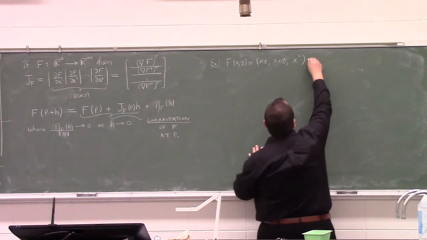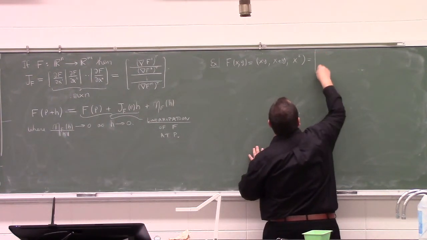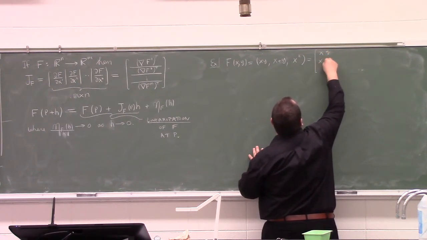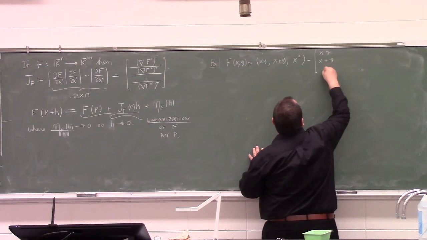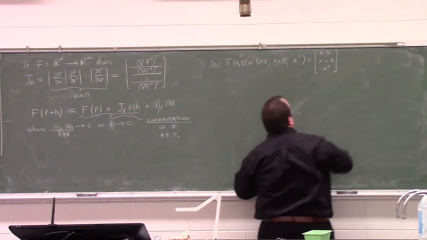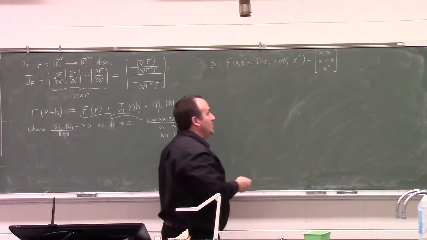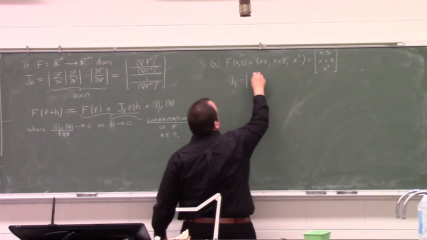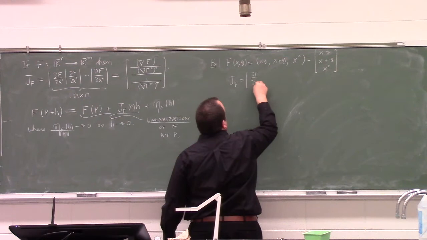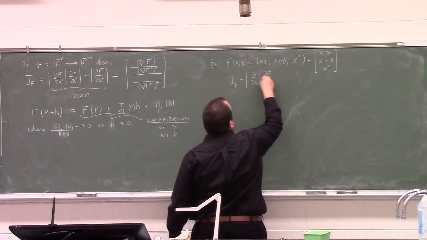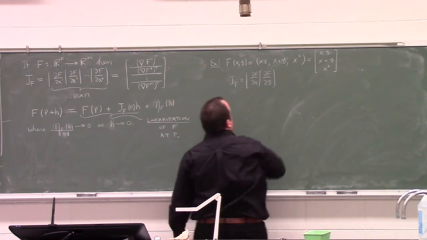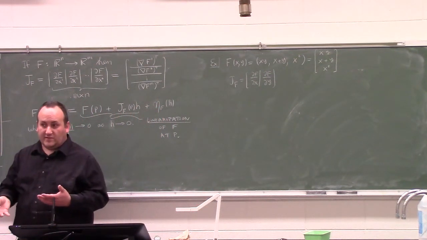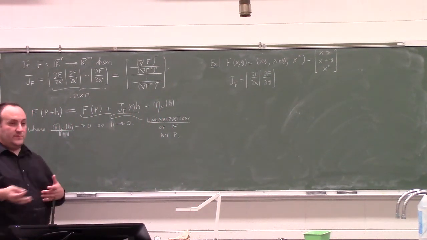So this actually, if I want to write it, is literally this. So the Jacobian of f here is a 3 by 2 matrix because this is a function from R2 to R3.